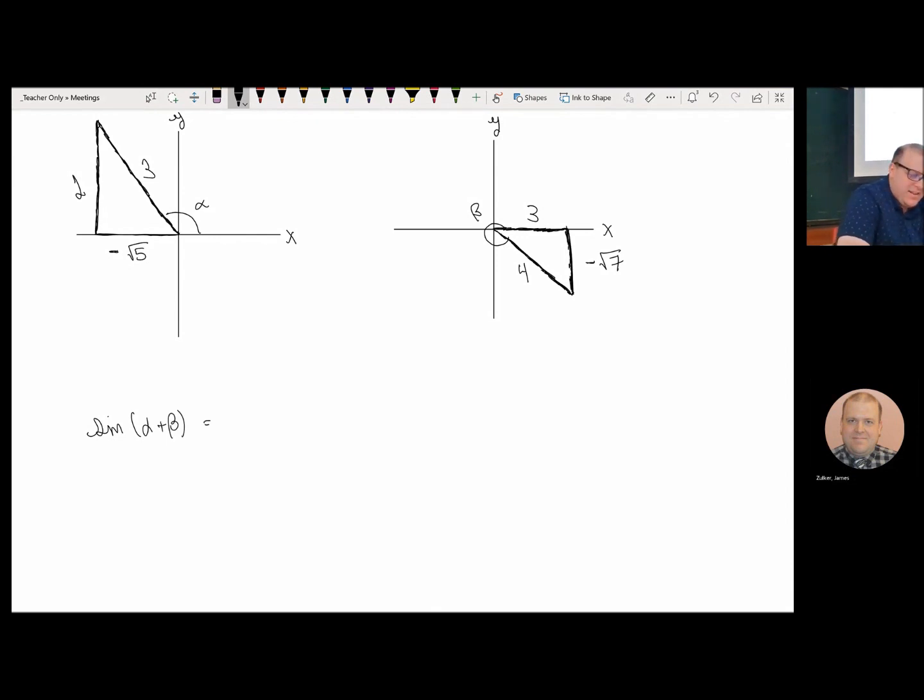Sine of alpha plus beta. We were told sine of alpha and cosine of beta. What is cosine alpha? Negative root 5 over 3.